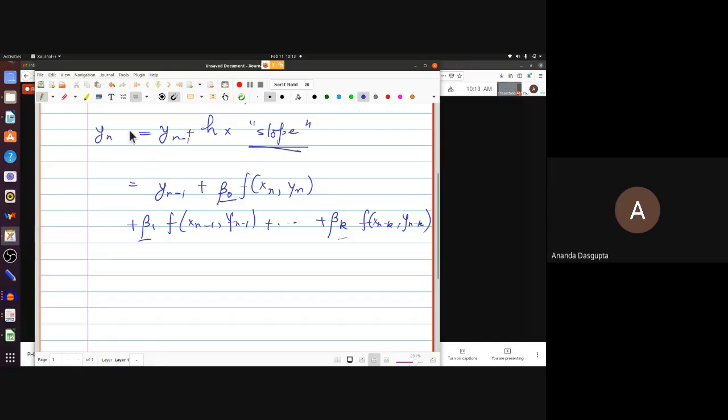Whereas Adams-Moulton, the one I've written down right now, is an implicit method, because here yn appears on both sides of the equation and you would have to solve for yn if you use Adams-Moulton. So any questions so far?